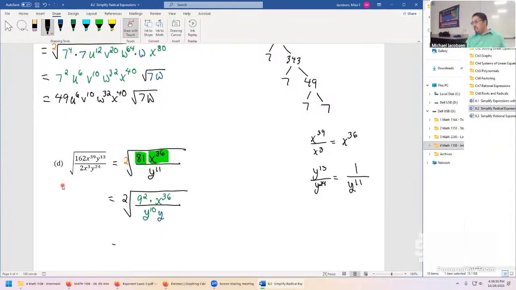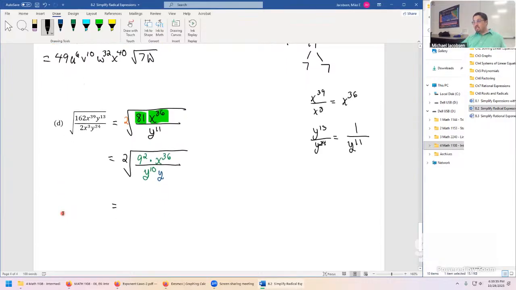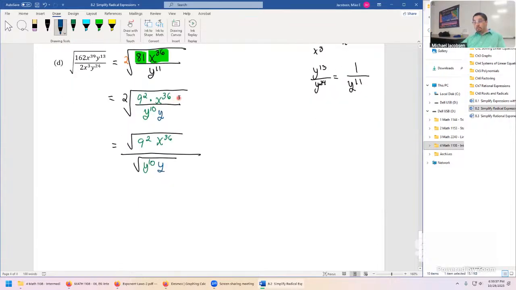Now, the step you could take, which sometimes is skipped over, is you could rewrite this as the square root of 9 squared x to the power 36 divided by the square root of y to the power of 10 times y. So here we use the property of radicals that you can split up a square root as numerator and denominator.